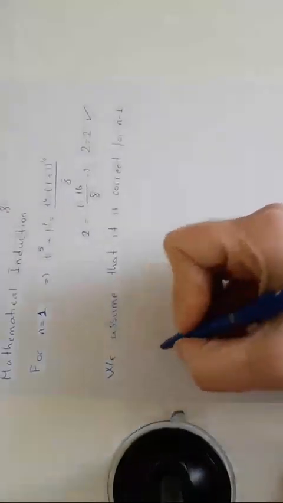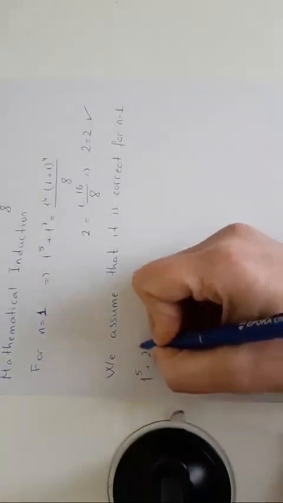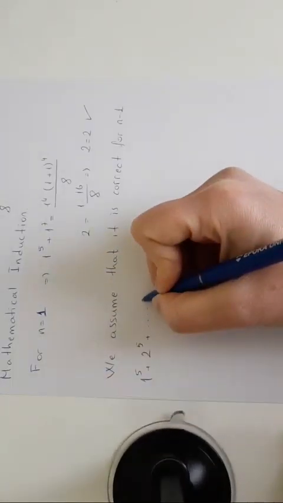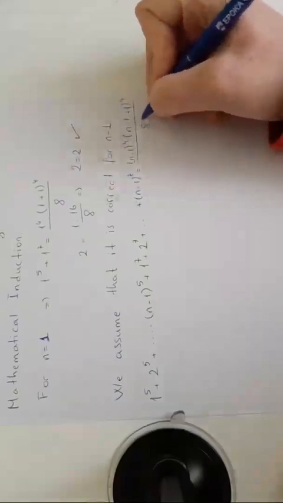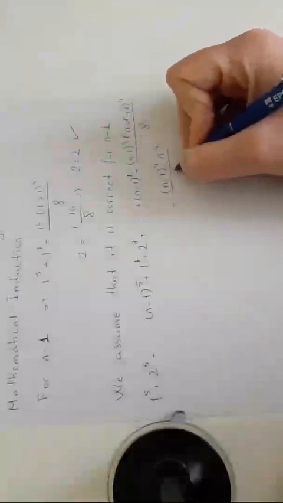So I will write now till n minus 1: 1 to the power of 5 plus 2 to the power of 5 plus till n minus 1 to the power of 5, plus 1 to the power of 7 plus 2 to the power of 7 till n minus 1 to the power of 7, is equal to (n minus 1) to the power of 4 times n to the power of 4 over 8.